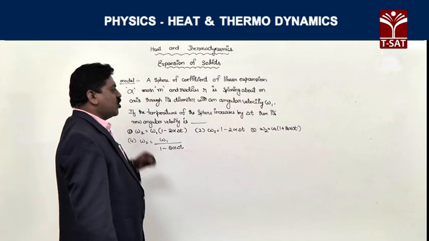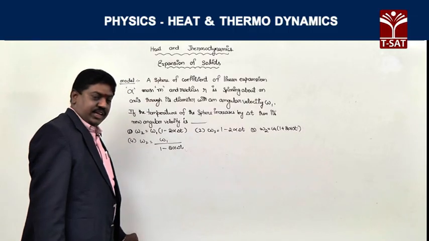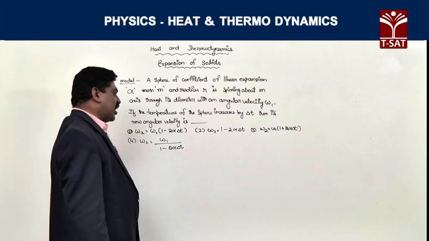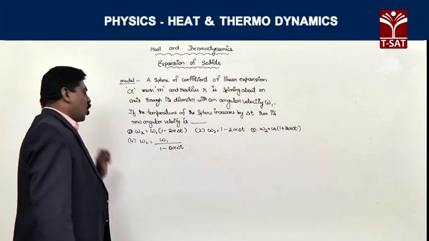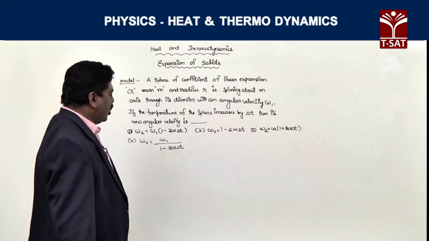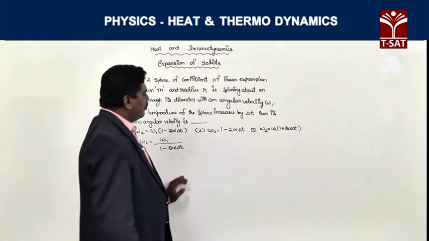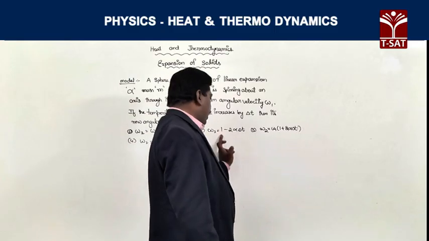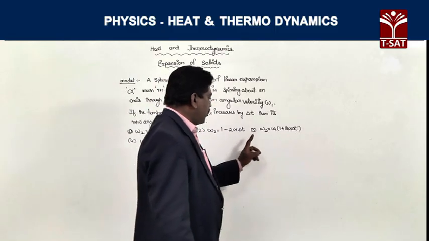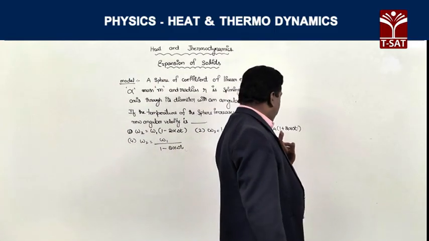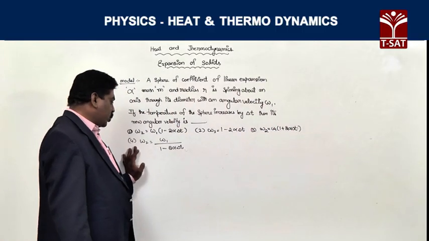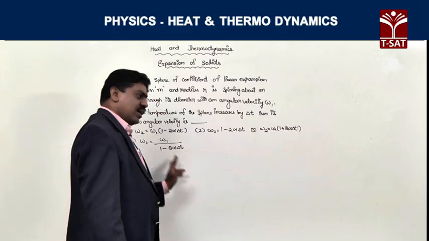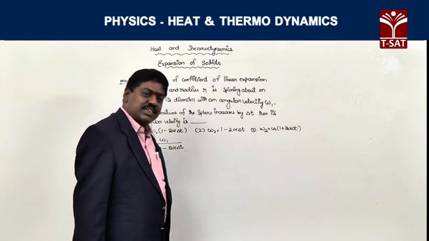If the temperature of the sphere increases by delta t, then its new angular velocity is, the options given are: omega 2 equals omega 1 into (1 minus 2 alpha delta t), omega 2 equals omega 1 into (1 plus 2 alpha delta t), and the last one, omega 2 equals omega 1 by (1 minus 2 alpha delta t).